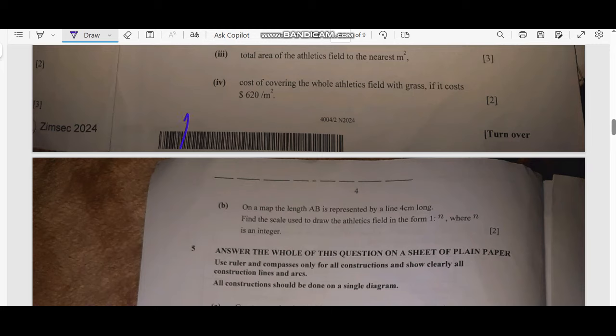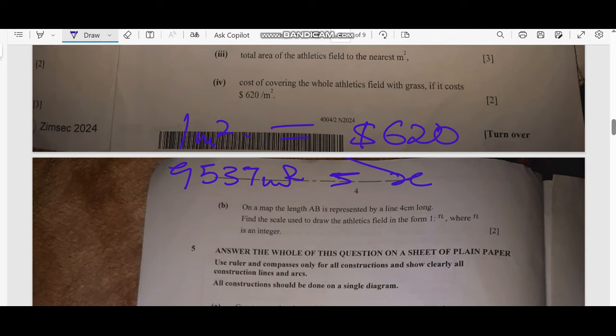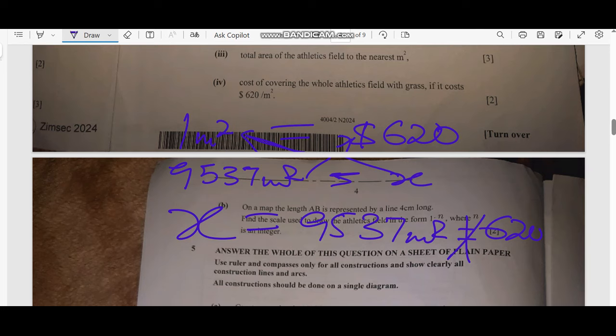So if 1 square meter costs $620, then the 9,537 square meters cost x. Using proportion, we multiply across, so x is equal to 9,537 times 620.